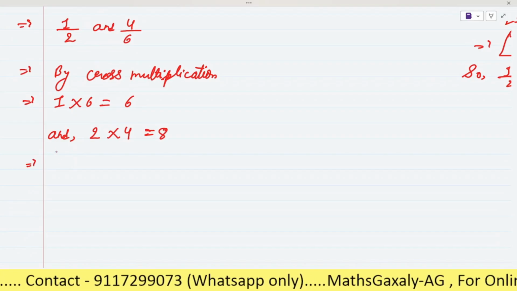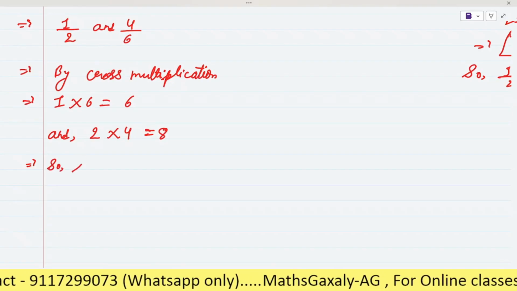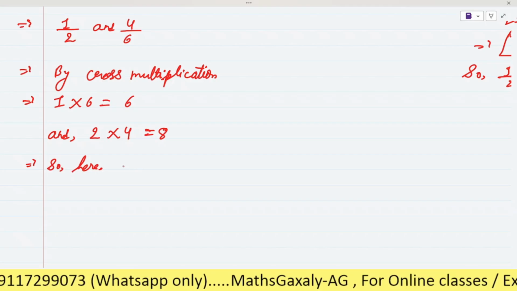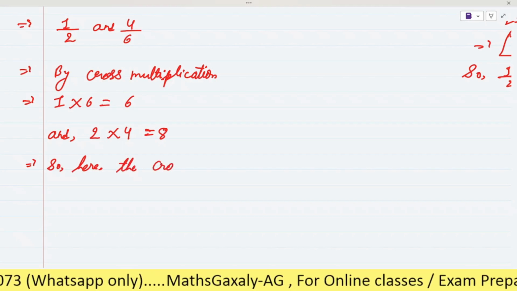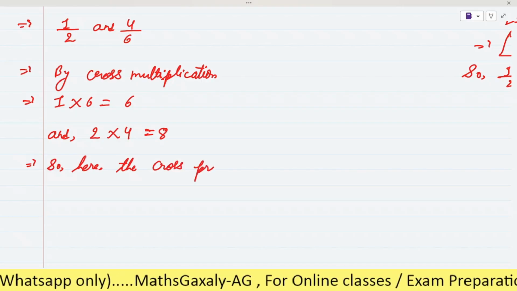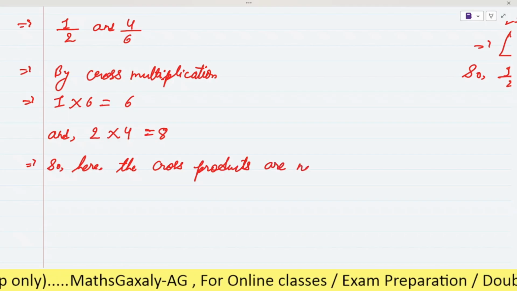Then here we will write: the cross products are not equal.